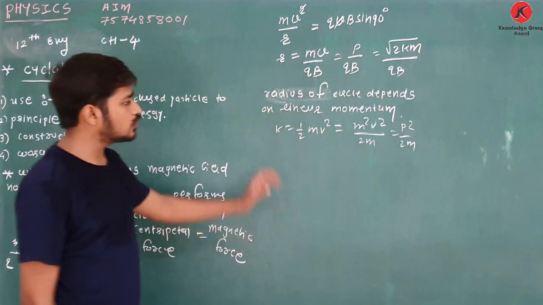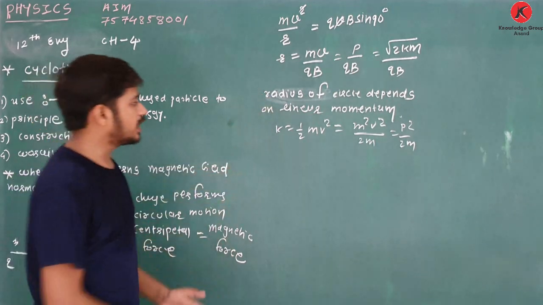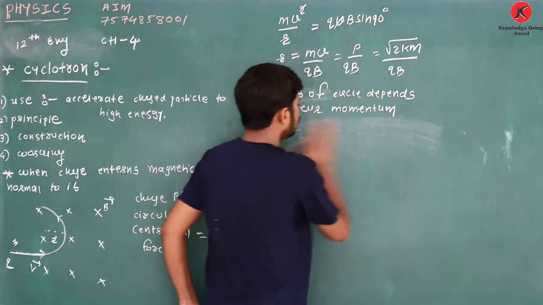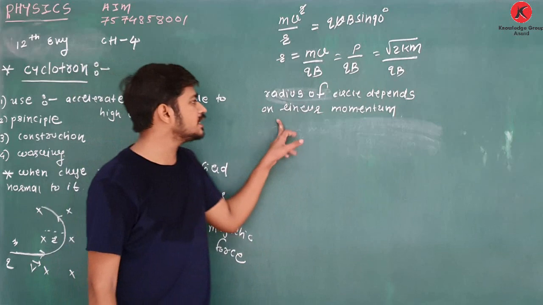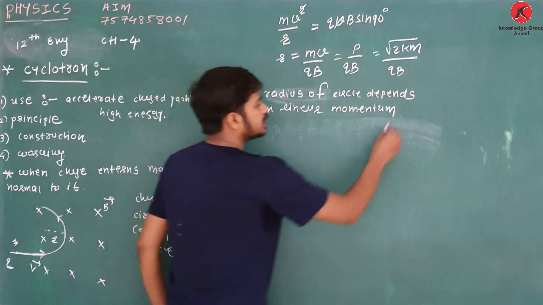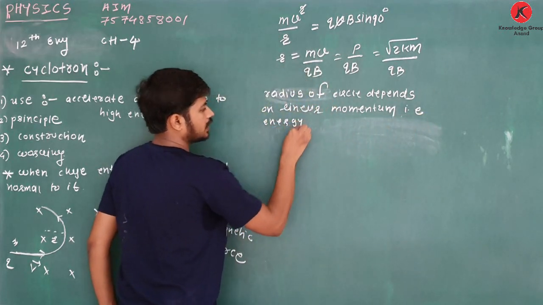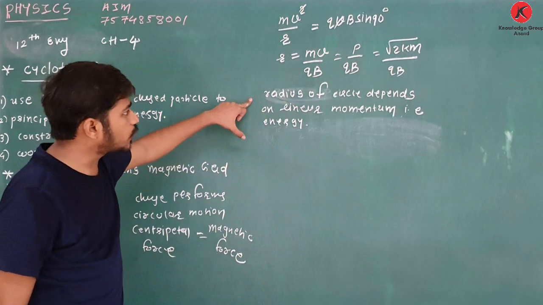Then p is equal to under root 2mK. So we can say that the radius of the circle depends on linear momentum and also on kinetic energy. Clear about this? This is the first point that you have to remember.